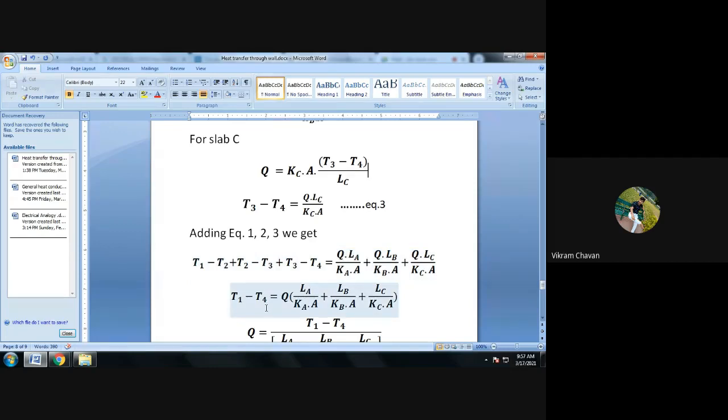So we will get the equation as T1 minus T4 equal to Q into the bracket of L suffix A divided by K suffix A multiplied by A, plus L suffix B divided by K suffix B multiplied by A, plus L suffix C divided by K suffix C multiplied by A. Now next we have to convert this equation in the form of a heat transfer, so that this particular bracket will be transferred to the left side.